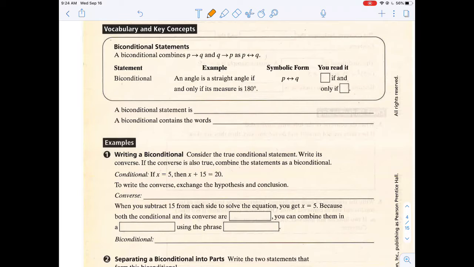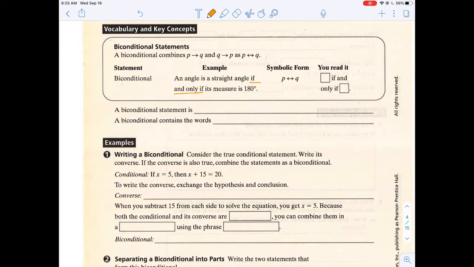A biconditional statement combines if P then Q and if Q then P, and says P if and only if Q. An example of a biconditional statement is an angle is a straight angle if and only if its measure is 180 degrees.